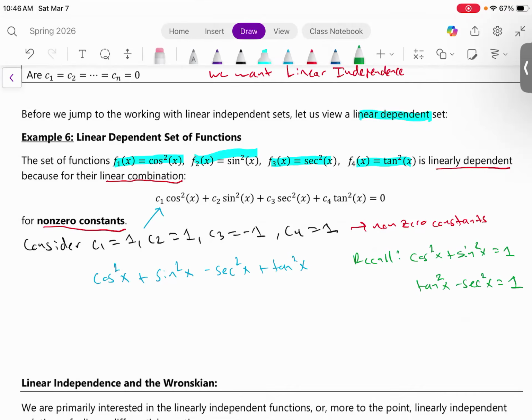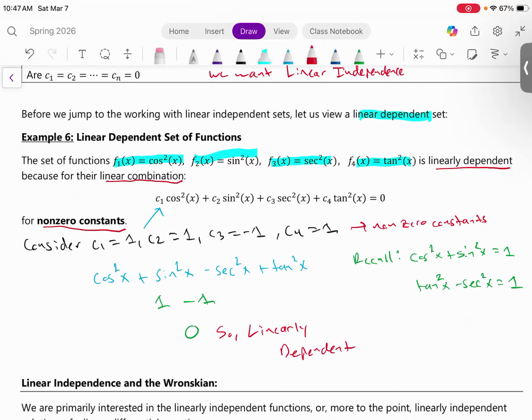So this ends up being 1 minus 1, which equals 0. So this is linearly dependent. The linear combination becomes 0 with non-zero constants, and that makes us linearly dependent.